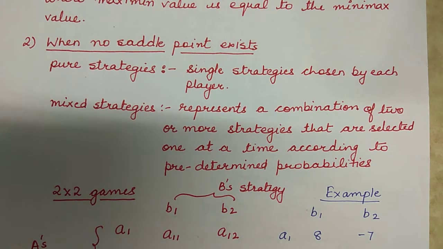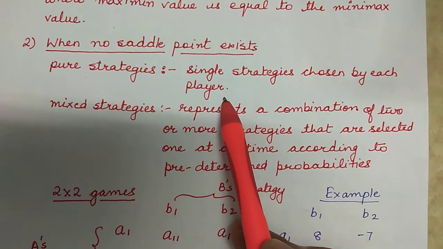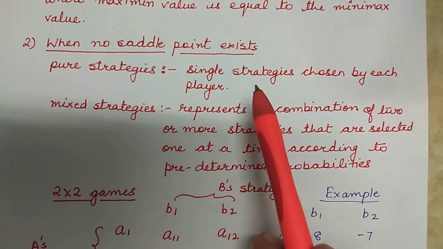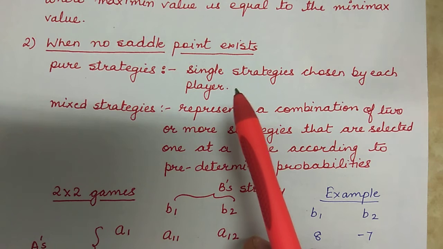So when there is a saddle point, a single strategy is chosen by player A as well as a single strategy is chosen by player B. So both the players choose one strategy each. When single strategies are chosen by each player, such strategies are called pure strategies, and it will happen only in the case when there exists a saddle point.